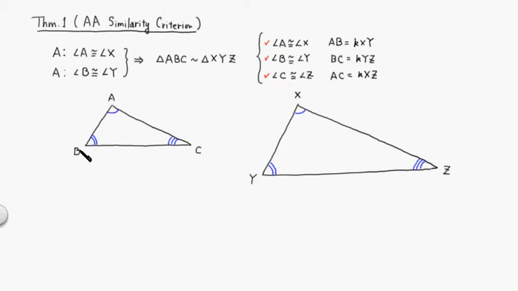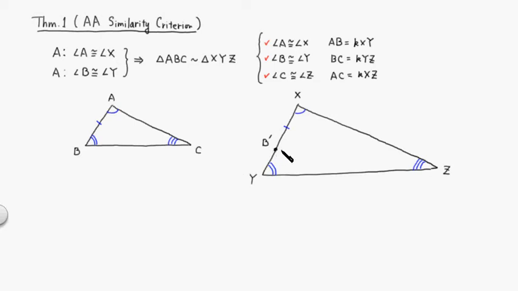If that's the case, we can always chop the longer one down a bit, so let's say around here. I'm going to call it B prime, so that it has the same length as here.